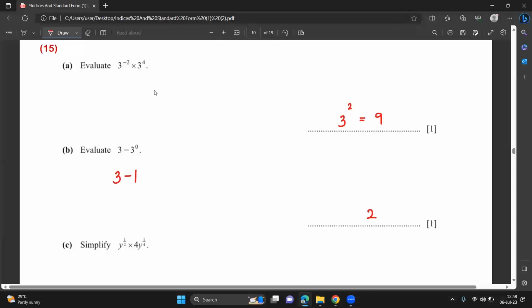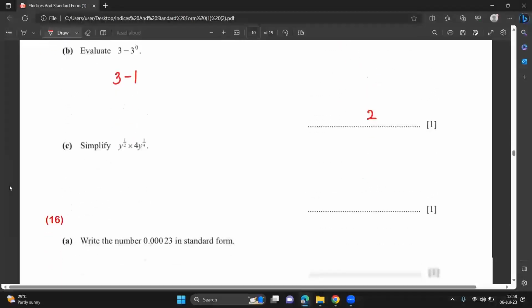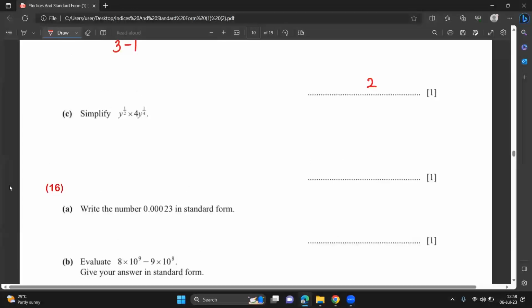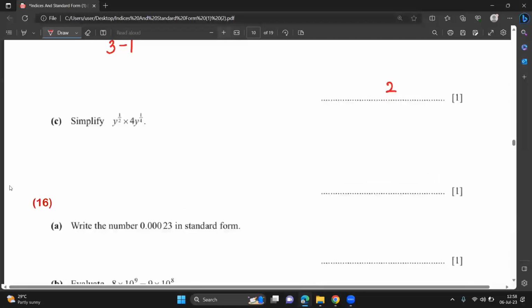Part C. Y to the power half into 4y to the power 1 over 4. Now look at this.